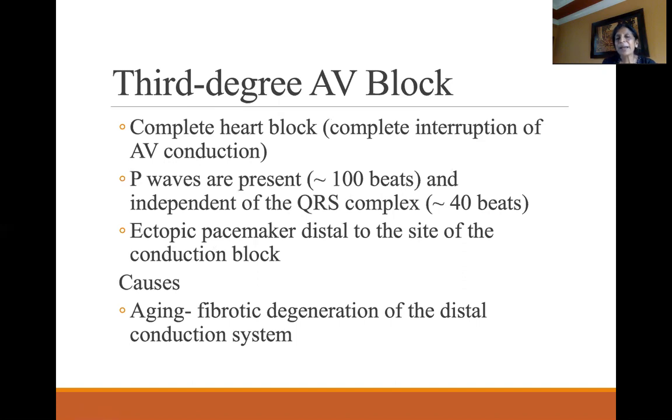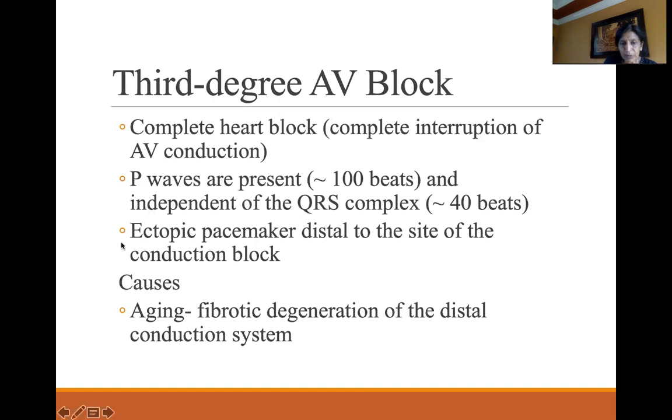All right, and look at the number of beats for a QRS complex, a lot less, approximately 40 beats compared to the 100 beats. So more P waves, fewer QRS waves. All right, so for every 3 P waves, there may be 1 QRS complex.